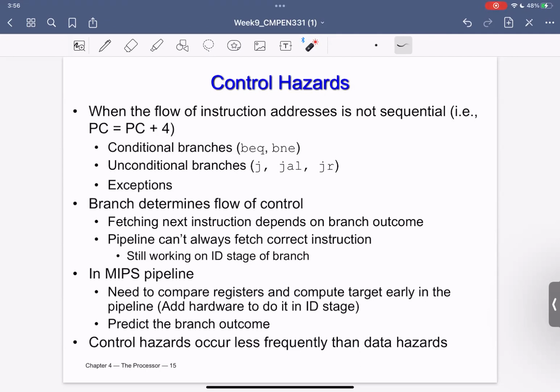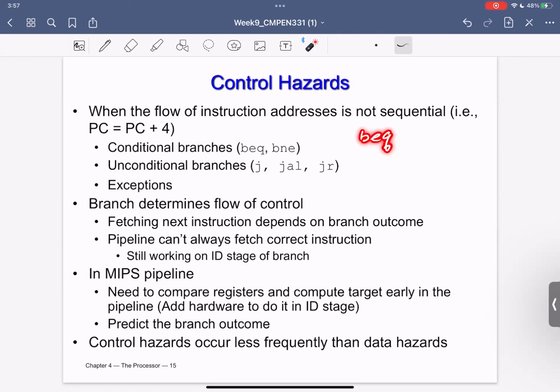In the case of the branch, it is something similar but with another scenario. For instance, I'm giving you branch, something, comma, something, and then go to a certain particular place. Branch equal means that you need to first check whether the data in that register is equal to the data of the following register in the branch instruction or not. If they are equal, then you will go to the label address.